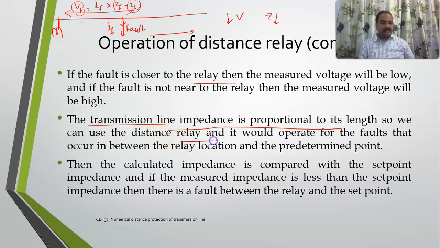So we can use the distance relay to operate for faults that occur between the relay location and a predetermined point. So I'll set this distance protection up to this point. Beyond this, it won't operate. But sometimes this region will be neglected, which we call the reach. I think you might have already studied that. To overcome this, we employ 3-zone protection.